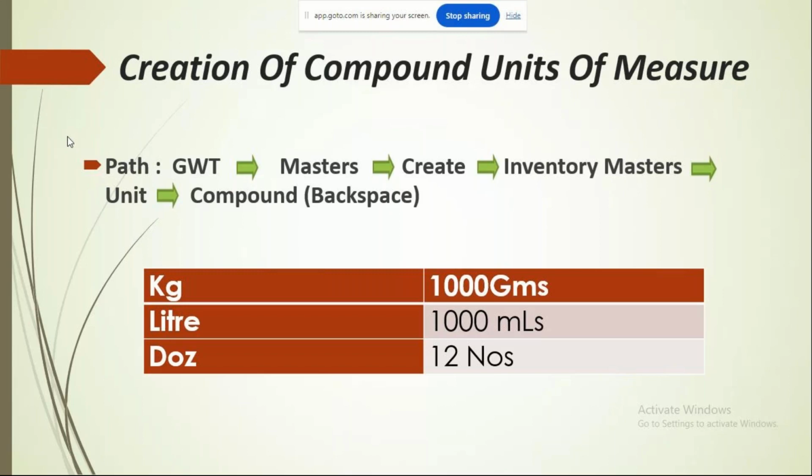Suppose I go for one packet of chocolates, it could be 75 to 80 pieces of small chocolates, or one packet of biscuits. So the quantity can vary depending upon the product. But when I talk about the kgs, liters, and dozens, they are fixed. 1 kg is always 1000 grams, 1 liter 1000 milliliters, 1 dozen constantly 12 numbers. So we create these three compound units of measure.